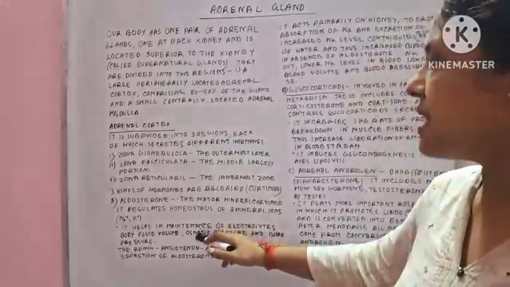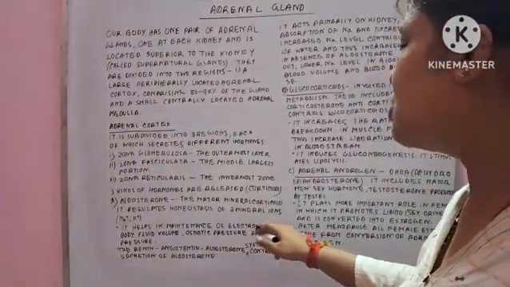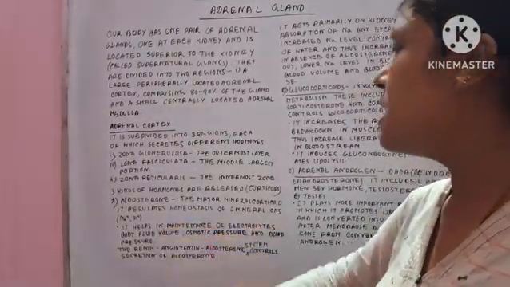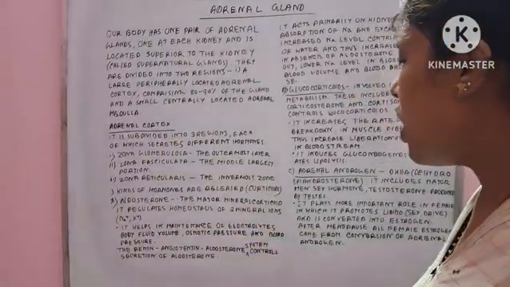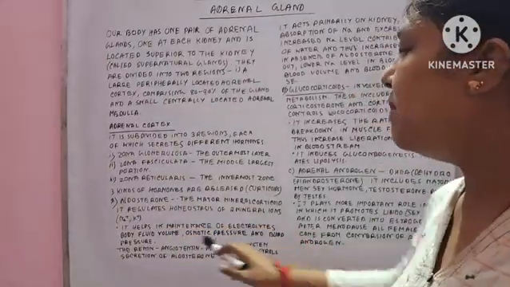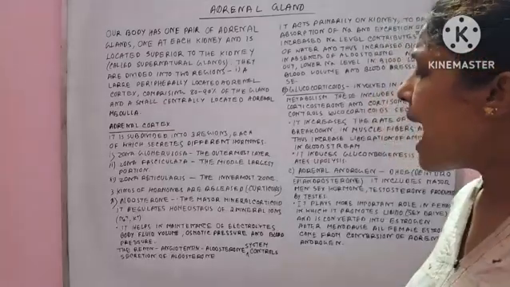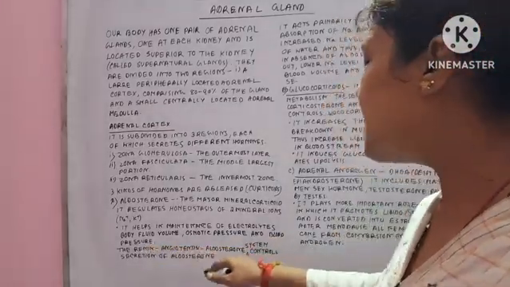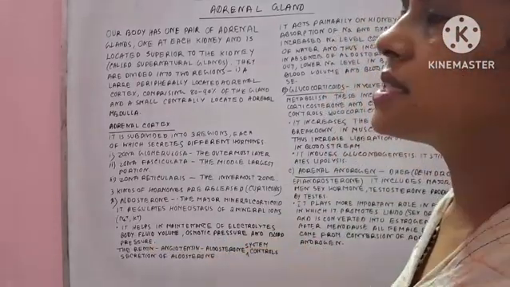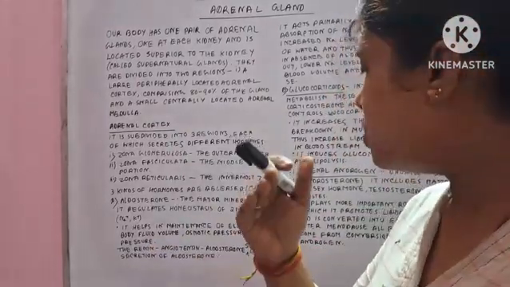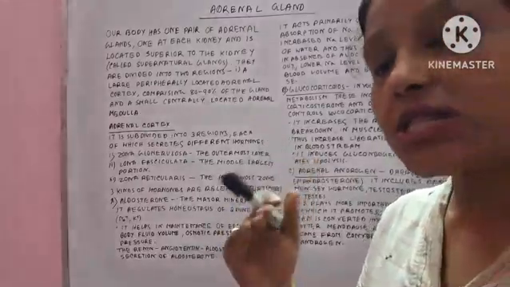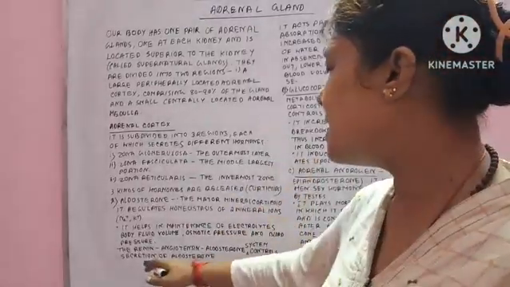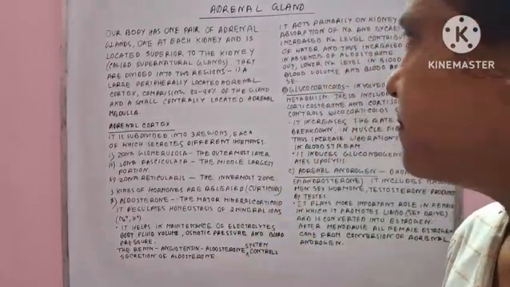And its function is that it helps in the maintenance of electrolytes, body fluid volume, osmotic pressure and blood pressure. The control system is the renin-angiotensin-aldosterone system, which controls the secretion of the aldosterone hormone.